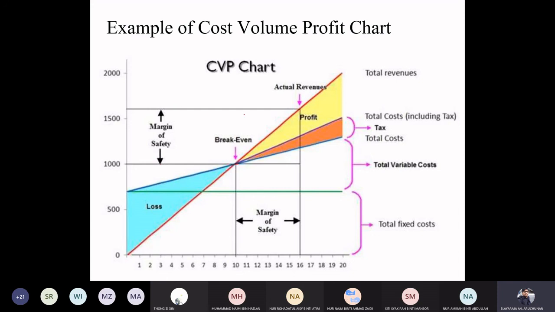In our country, some businesses run based on the margin of safety. Margin of safety means this is just nice to run your business. If you can see the profit within this margin of safety, you can continue your business. Otherwise, you had better stop or make some changes in your business. Is that clear?